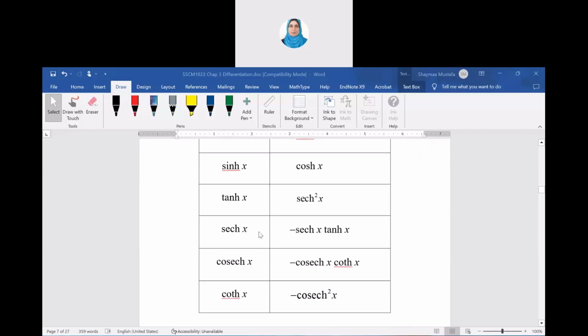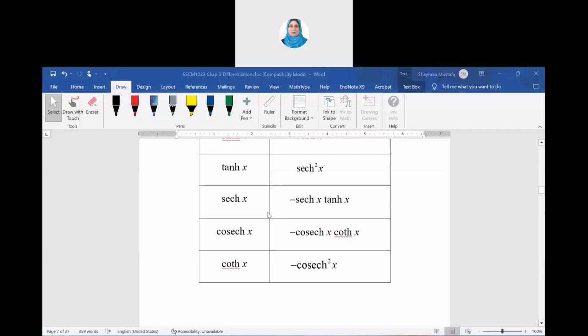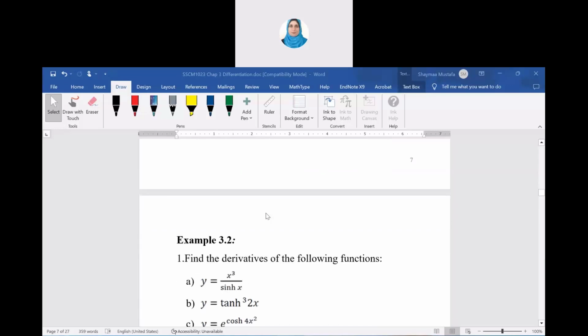You can prove that the derivative for sech should be equal to minus sech x tanh x. For cosech it is minus cosech x coth x. For coth it is minus cosech squared x. So you can try at home to prove these derivatives.